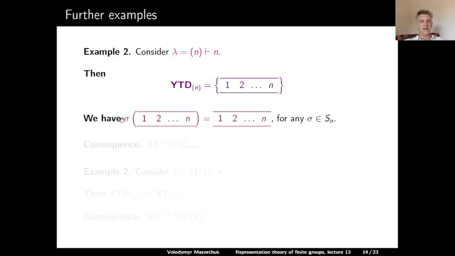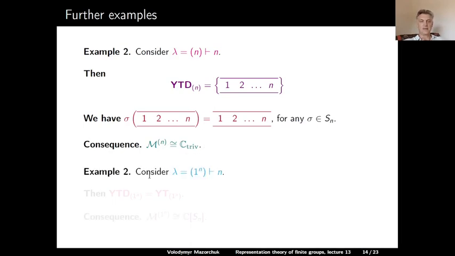If we apply any element sigma to this tabloid, we permute elements in the rows. This doesn't change the tabloid, so we get our tabloid back. In particular, the permutation module which corresponds to this partition (n) is just the trivial Sn module.